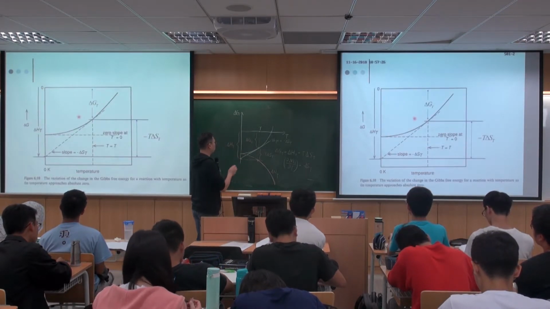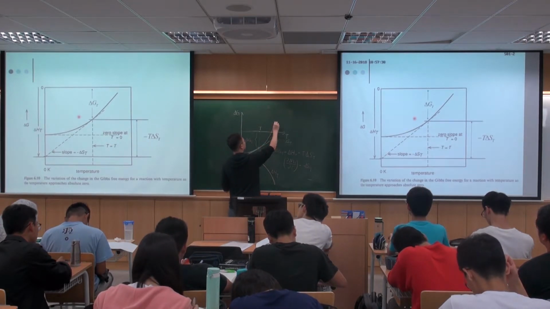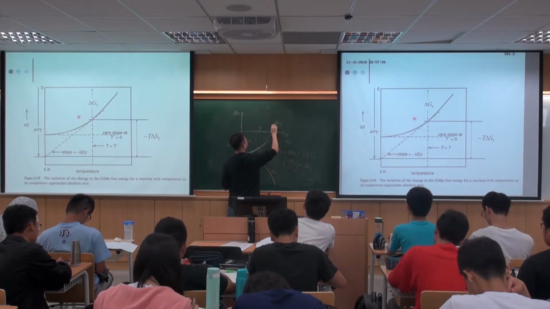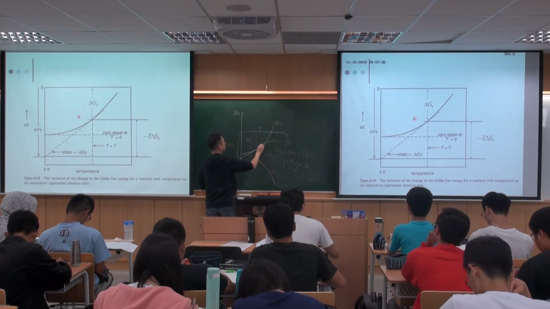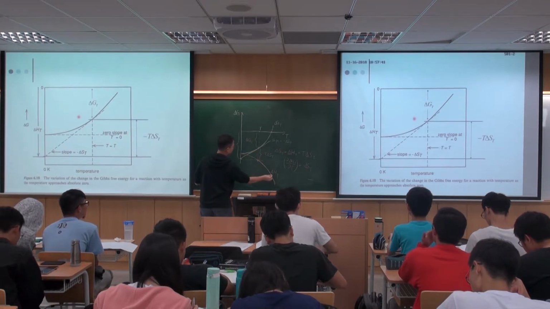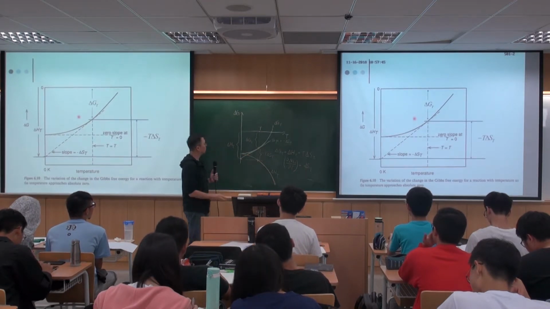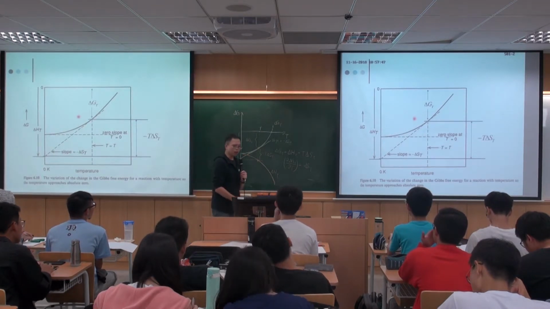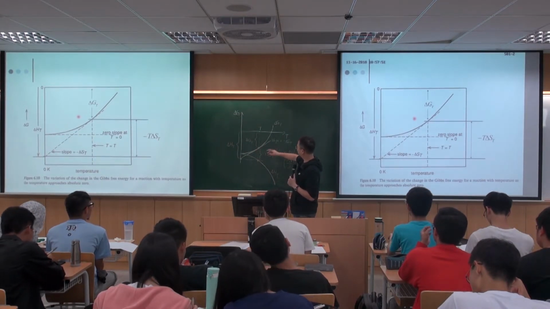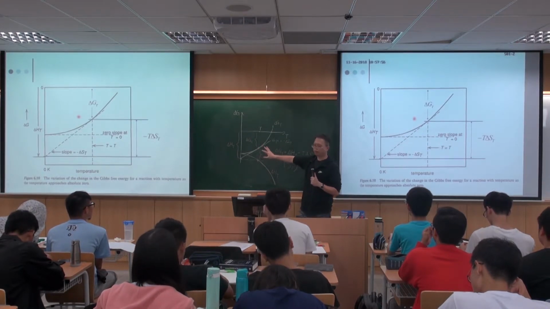So the two important lines over here: first, this is delta G as a function of temperature, so we'll go down like this. And the second one is this one. I think in your textbook it's somehow reversed. Delta G and delta H are reversed, but the concept is the same.